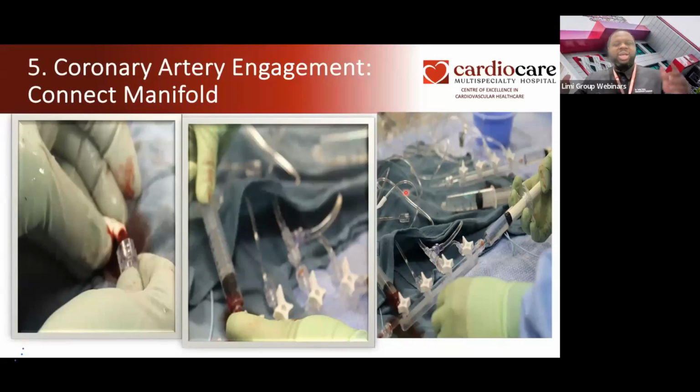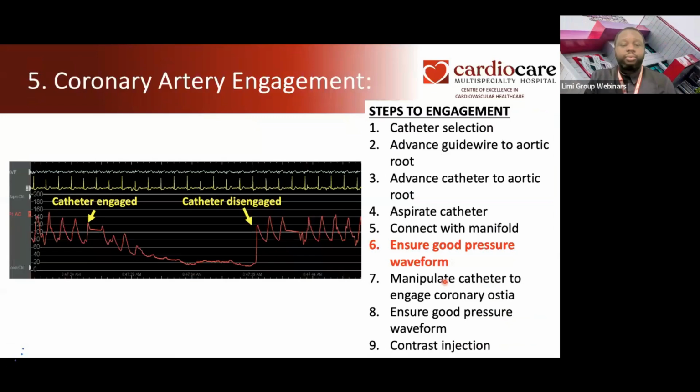That blood pressure tracing is critical. You must know how to interpret it. Even though you are seeing the blood pressure normal, you must be able to interpret that blood pressure tracing. So you connect the manifold, you can see all of this. One is connected to contrast, one to saline, one to pressure, another one for waste or for giving drugs. So that is sometimes how it looks.